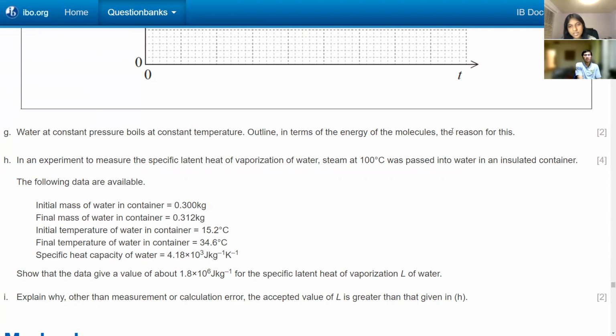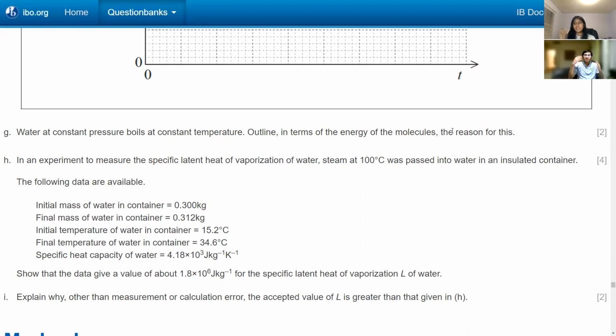Wait, is it asking why it boils at constant temperature or why constant pressure? That's a good question. I think it's why it's at constant temperature. I think the constant pressure is just like an assumption. To me, that's why it boils at constant temperature.